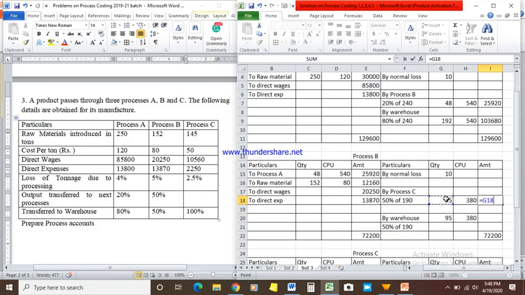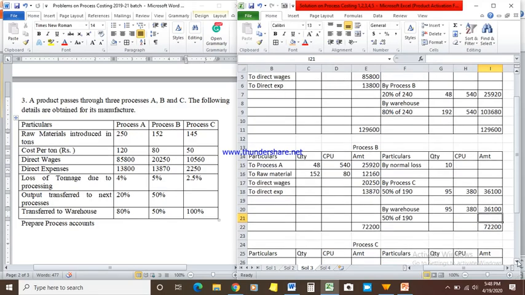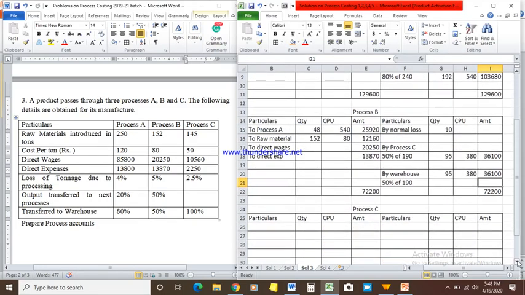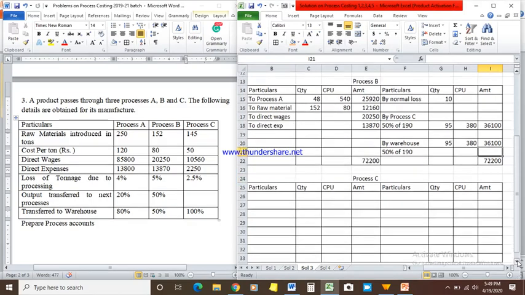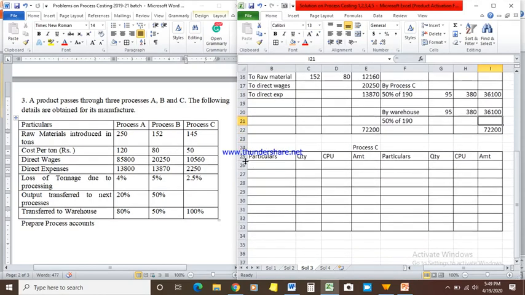So 95 tons into 380, we get 36,100. Similarly 95 tons into 380, 36,100. So in this way, in case of process B, the loss of tonnage is captured, output transfer to next process is captured, and accordingly now we are supposed to move to process C.